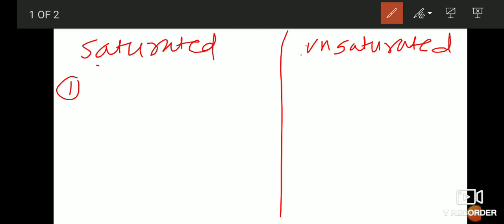First difference in the saturated compounds, already we have discussed this point. All the four valencies of the carbon are satisfied by the single covalent bond, correct?